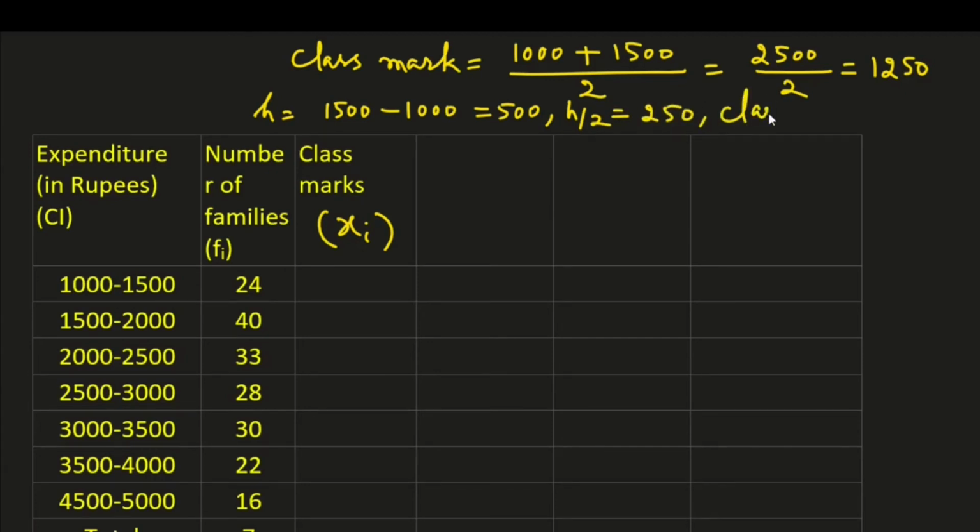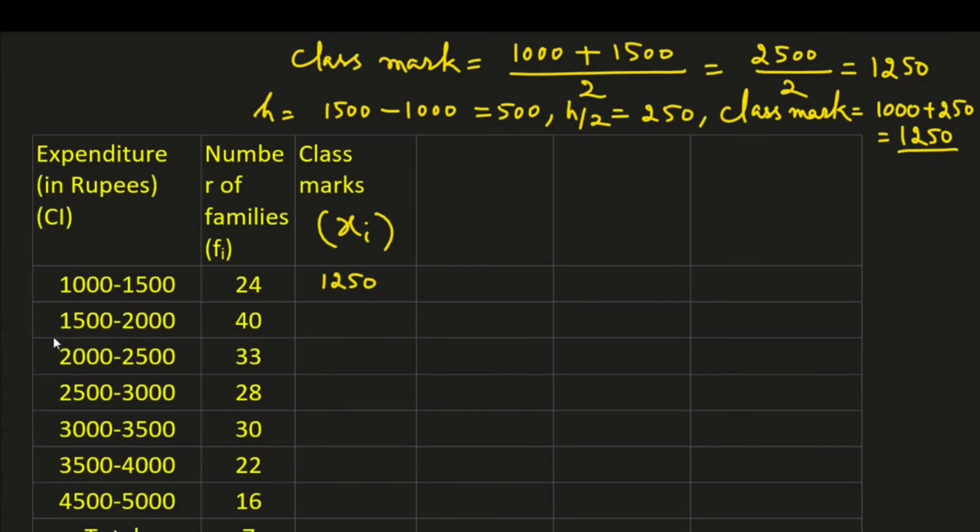Now, class mark is equal to lower boundary plus half of the class size, 1000 plus 250. It is 1250. For the first class interval, the xi value, class mark value, is 1250.